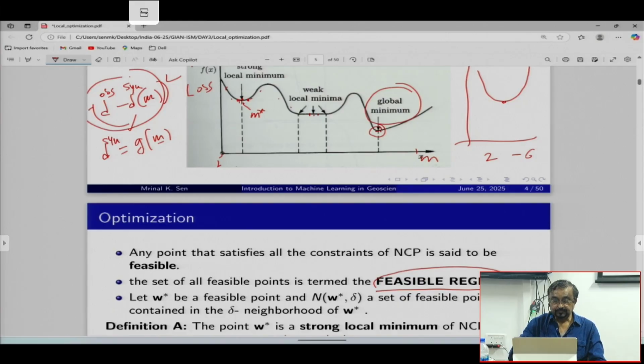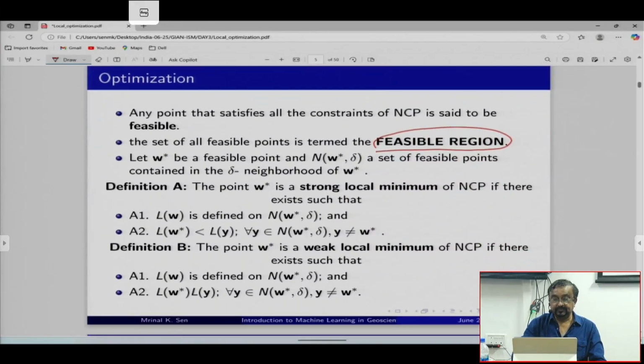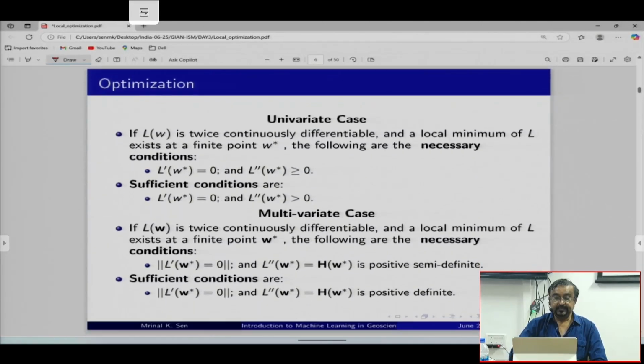Okay. So now that we have defined strong and local minimum, let's think about how I find the minimum. In calculus, I think you have been taught how to find the minimum of a function of a single variable. How do you find that? You compute the gradient and set that equal to 0, right?